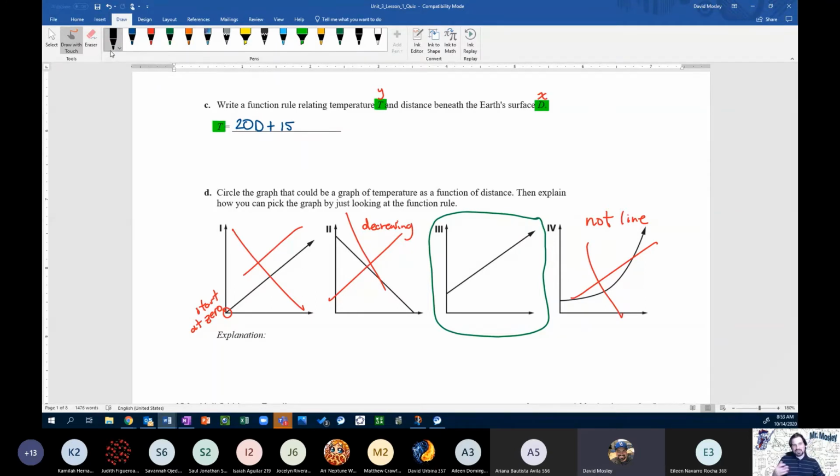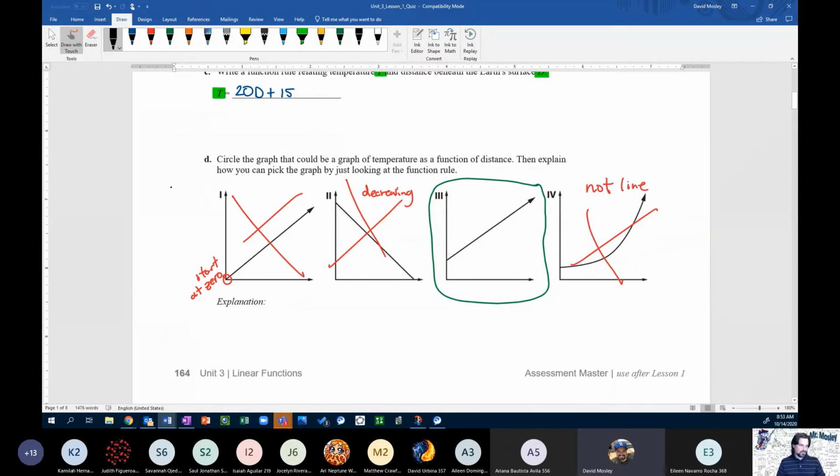We've just kind of reasoned it out by eliminating the others and talking about what it's showing us, right?